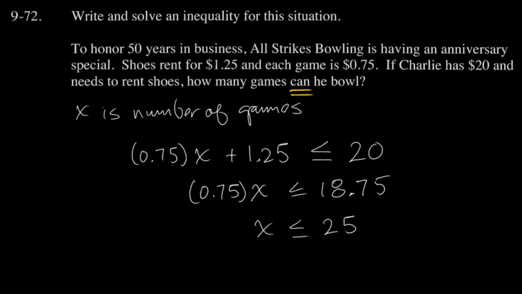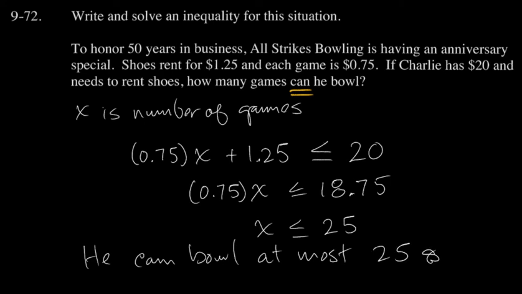And my answer would be he can bowl any number of games up to and including 25, or I could say he can bowl at most 25 games. He can't do more than that. If he did more than that, that'd be a problem.